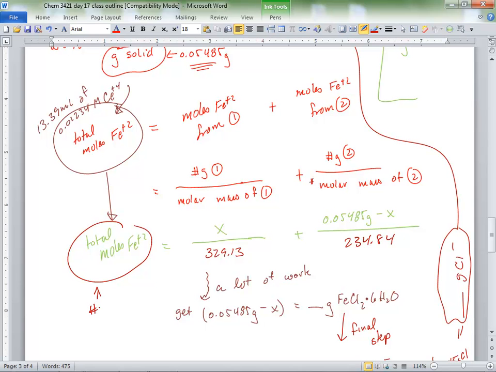But what's the easiest way to simplify this? Multiply by both the denominators. Yeah, good. You see what Eric said? Multiply through both sides by both of these. So the 329.13 will cancel here, but you'll have a 234.84 times x. Here, you'll have this quantity, 0.05485 minus x, times 329.13.